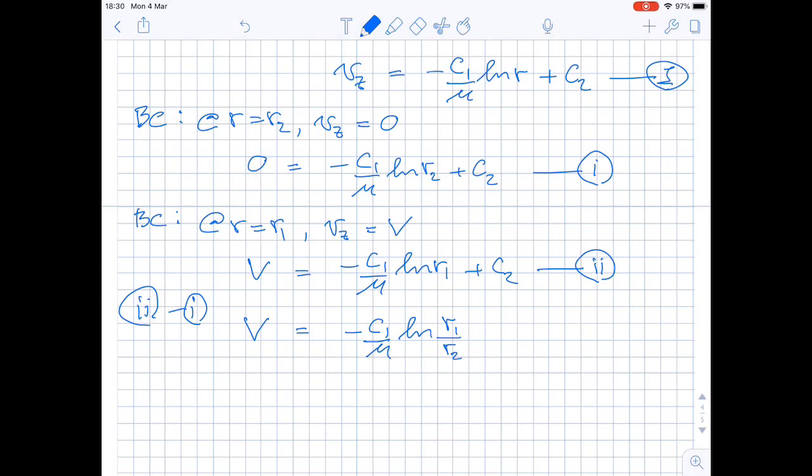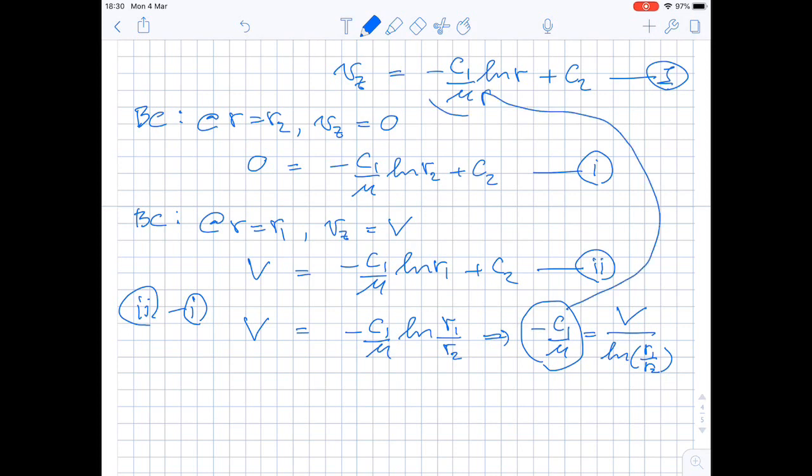So from here, I can get minus C1 over mu to be capital V over logarithm of the radius ratio. Please note that I use minus C1 over mu because it can be replaced here right away. I don't need to worry about the minus sign at all.